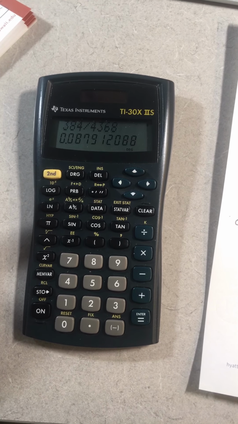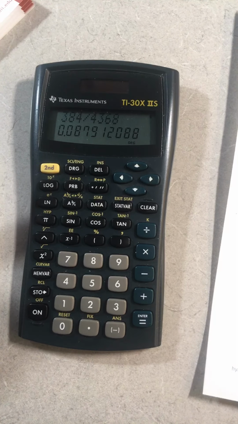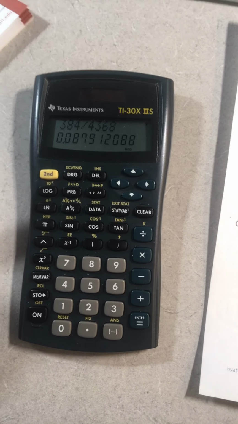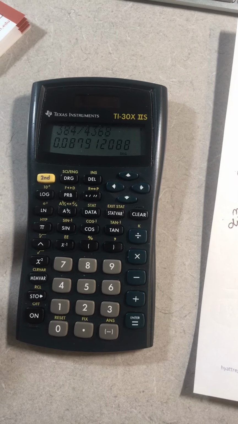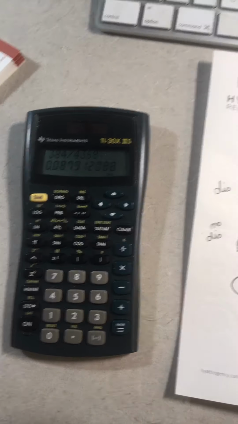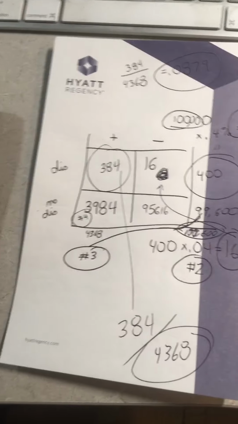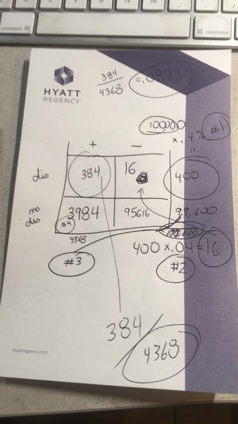Which gets me 0.087912088, which I believe is the correct answer. So that walks you through how to do that. It's a very good general step, though, because you're going to see the same thing on the exam.